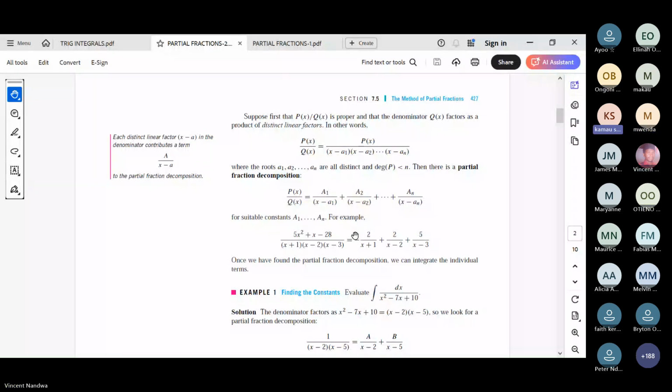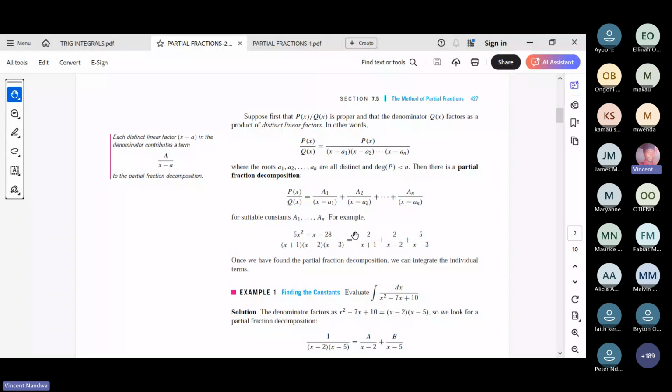Because the degree of the numerator is 2 and the degree of the denominator is 3, the fraction 5x squared plus x minus 28 over x plus 1 times x minus 2 times x minus 3 is a proper fraction.